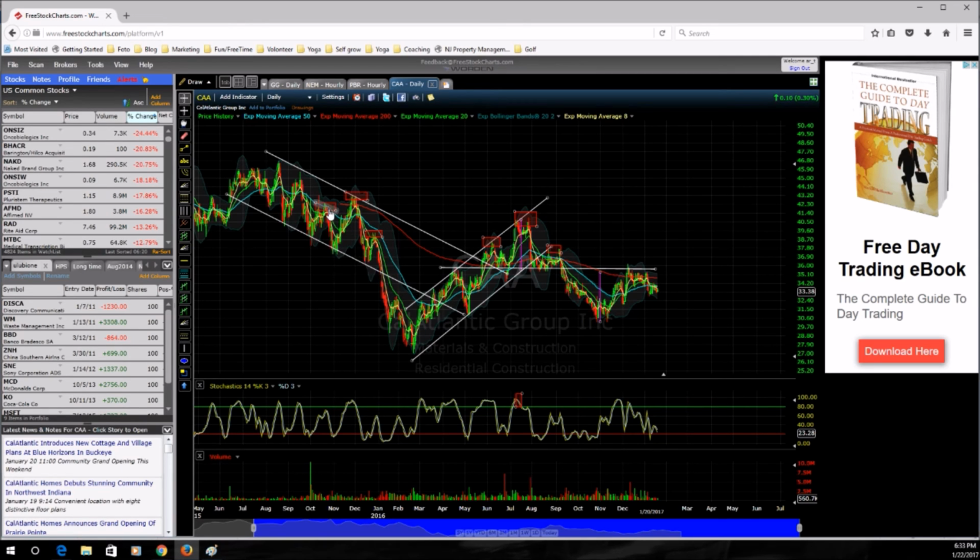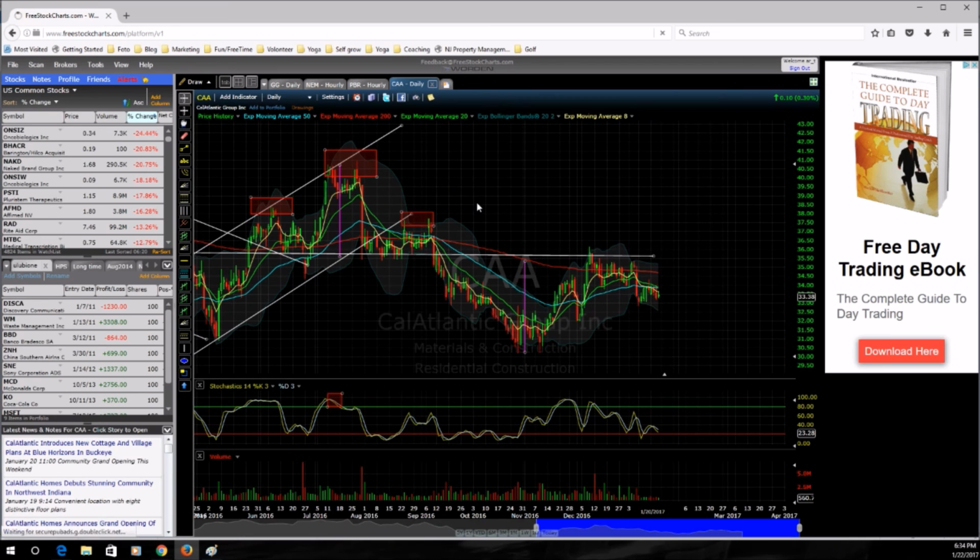Usually the downward channel breaks to the upside. So we have a breakdown. We can try to measure it, and you see exactly the distance, how low the price goes.